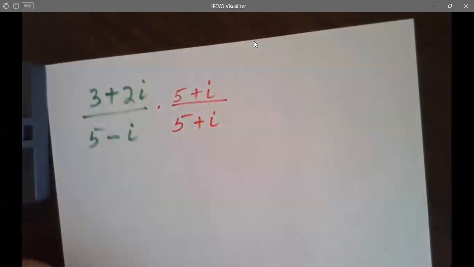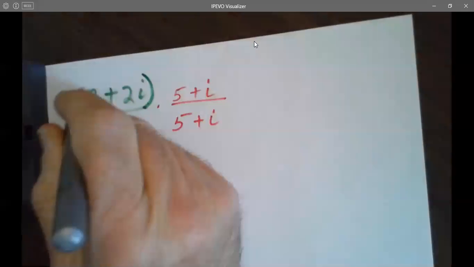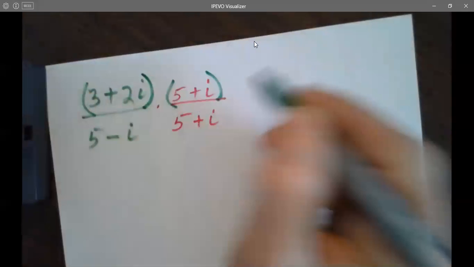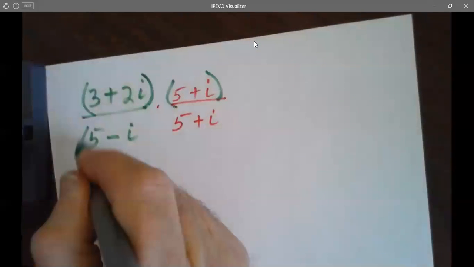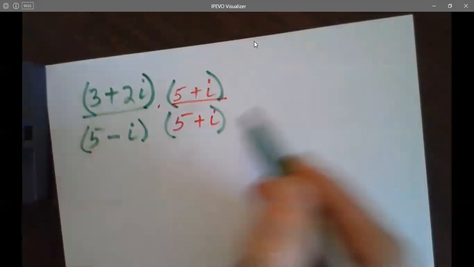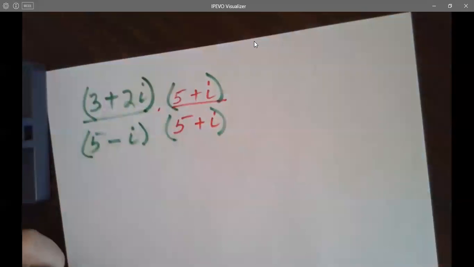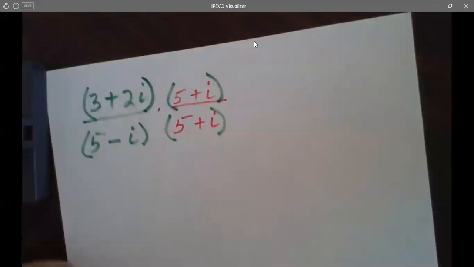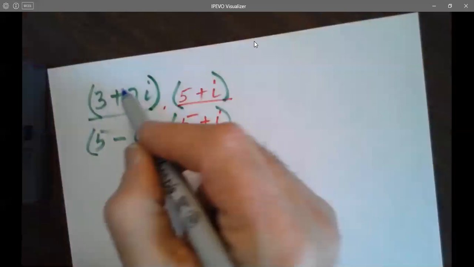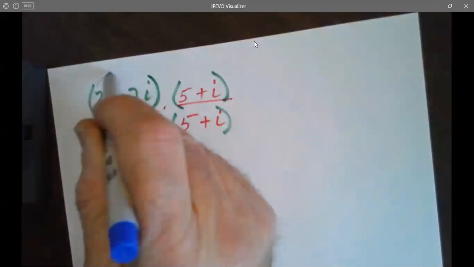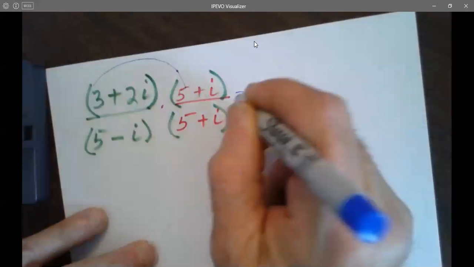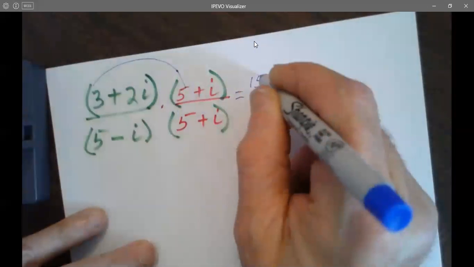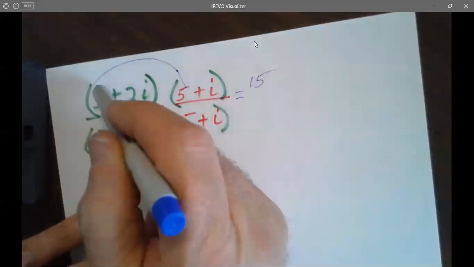So now what we do is we FOIL the numerator and FOIL the denominator. Okay. So we're going to start with the numerator. 3 times 5, well, what's 3 times 5? 3 times 5 is 15, right? And then, so we multiply the two first terms.